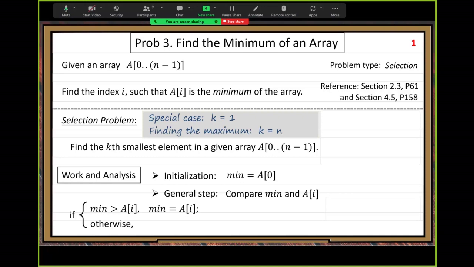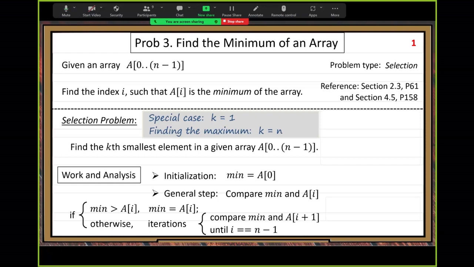Second case, otherwise, main is less than or equal to A of I, then we do not do the replacement. We keep going, because we cannot make it smaller. We move to the next iteration, compare the main value with A of the next element, I plus 1, and see if we can make it smaller, until we reach the last element.